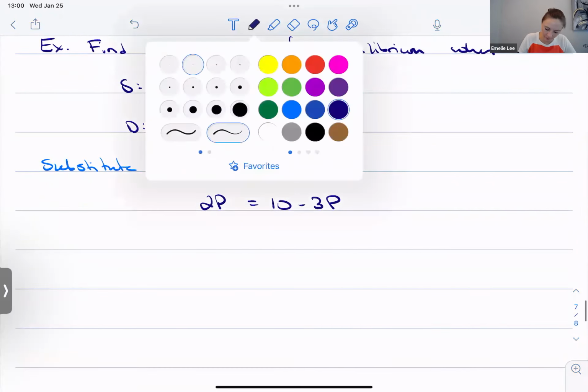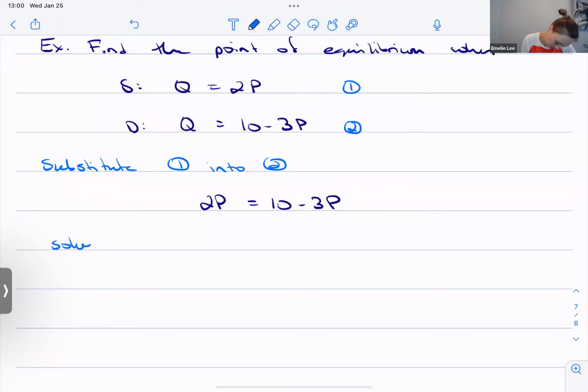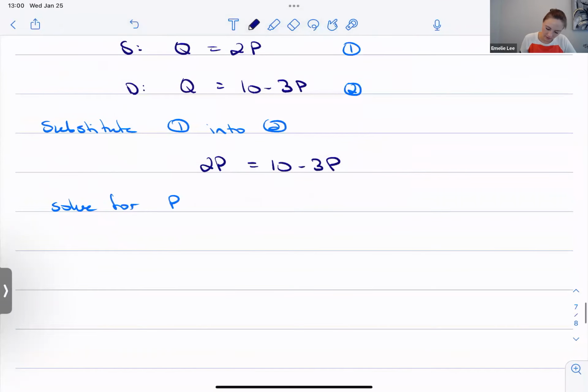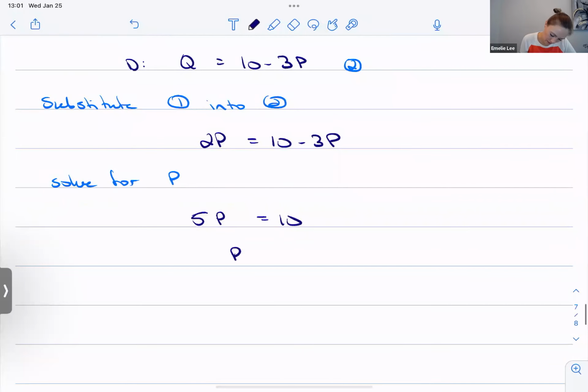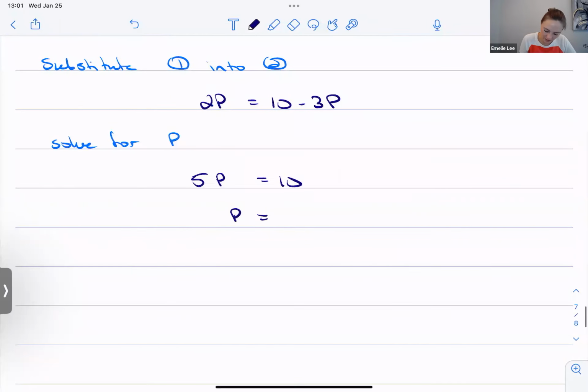Now I'm going to solve for P. I'm trying to get P on its own, so I'm going to move this 3P over to the left-hand side, so I get 5P is equal to 10. So P must be 10 over 5, which is 2.